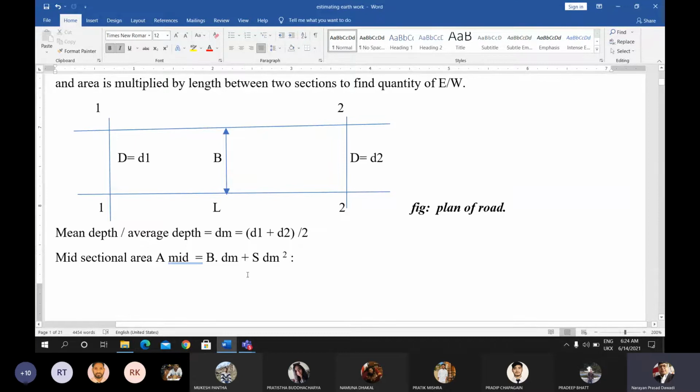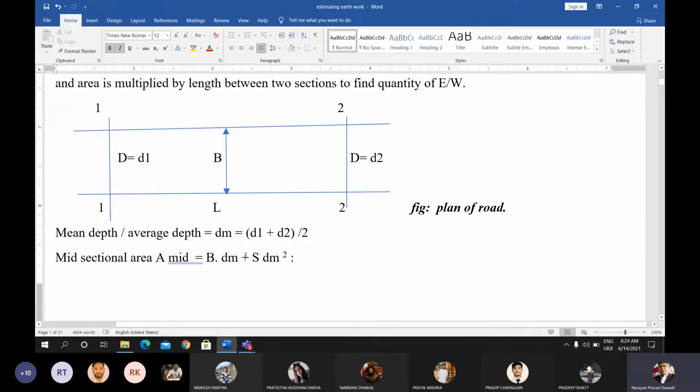This formula is used to find the mid-sectional area, which may be a cutting area or a filling area. If the depth D1 is cutting and the depth D2 is cutting, then the mean depth will be the cutting mean depth, and the area mid will be the cutting area.